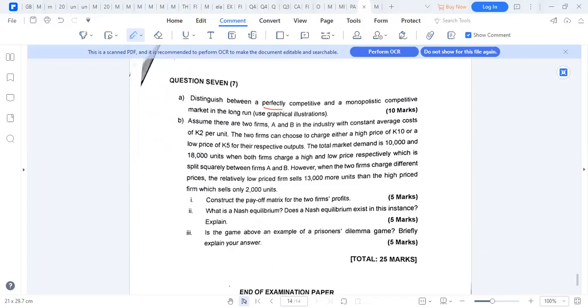No barriers to entry for perfect competition. I want those that haven't spoken to come in. Monopolistic competition also has no government intervention.